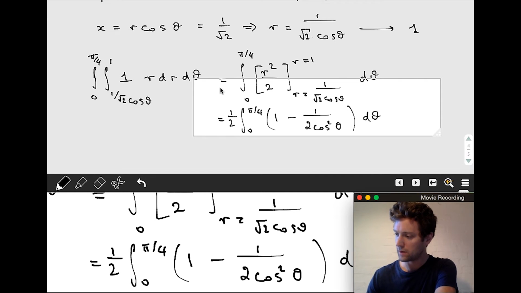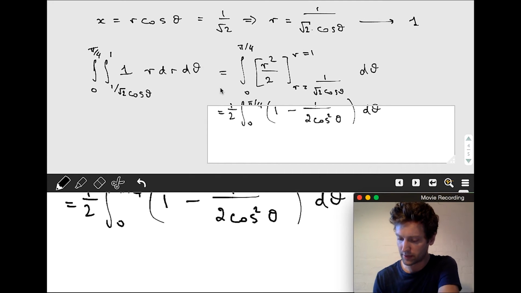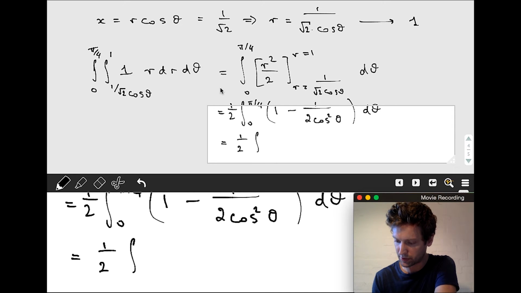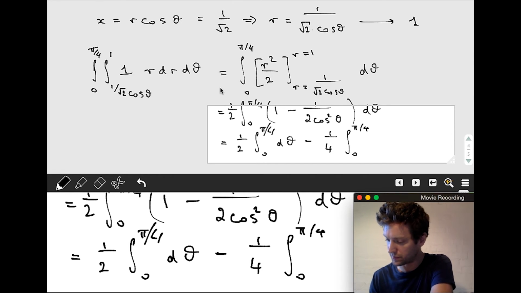Okay, so there's a number of different ways that you could try and do this integral. I'm going to use a standard integral. So if I take out 1/2, split this up into 2, the integral from 0 to pi over 4 of 1 times d theta, minus, let's take out that factor of 2. So I'm just splitting up my integral into two different pieces.